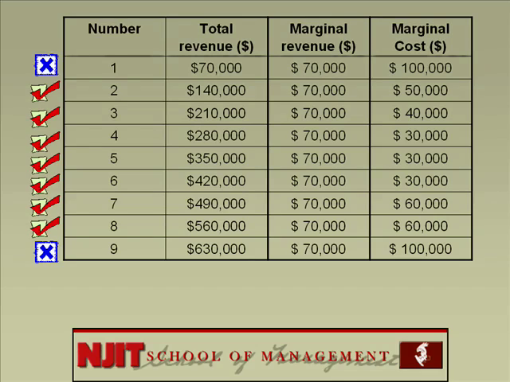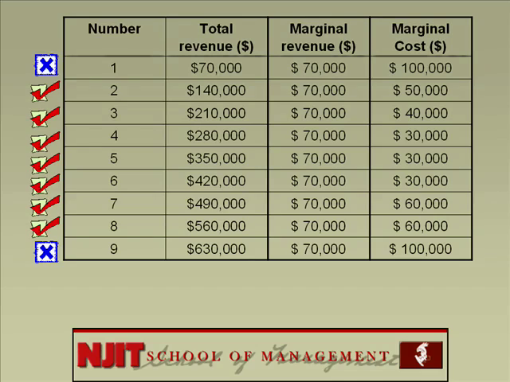So, at what point do we maximize profit? It's the point where MR comes very close to MC, which is 8 units. So the answer to this question is, to maximize profits, make 8 machines. Do you want to prove it? Okay.